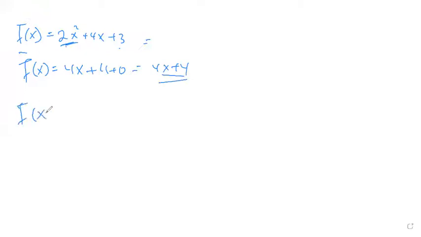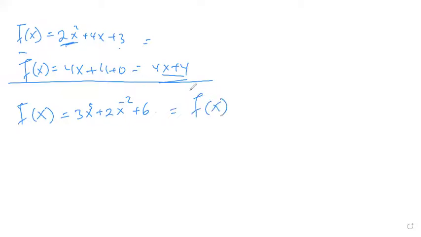The derivative of, for example, 3x power 5 plus 2x minus 2 plus 6. The derivative will be 5 times 3, which is 15, x power 4, plus negative 2 times 2 will be negative 4x.